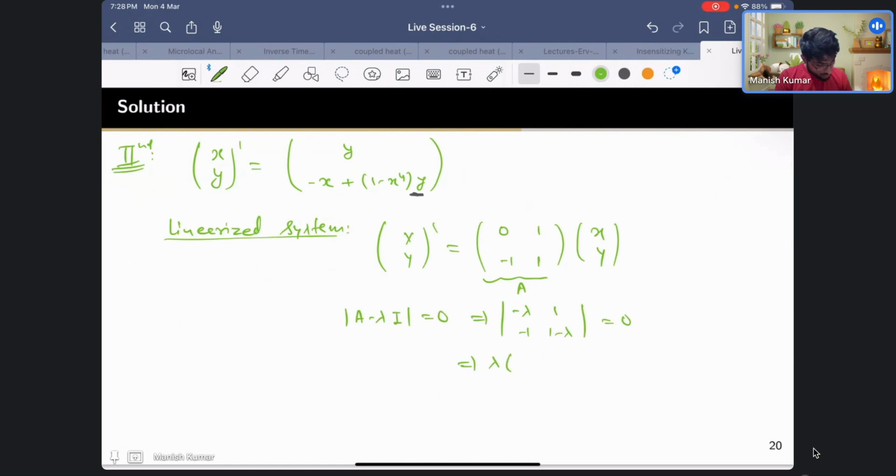So this means lambda squared minus lambda plus 1 equals 0. From here we can say lambda is (1 plus minus root of (1 minus 4)) by 2, which is (1 plus minus root 3 i) by 2. Oh sorry, that is minus 1 plus. So this is the eigenvalue that we got. Let me just rub this off, or maybe write it here.